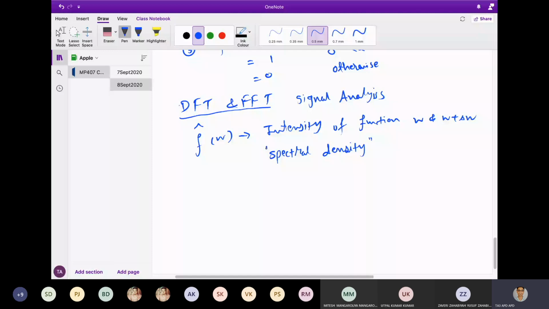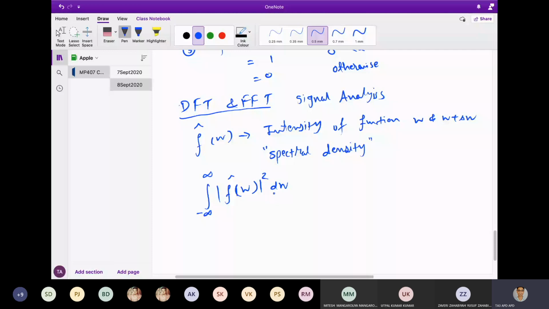And we know, even from quantum mechanics, that if you take the integral with the complex conjugate, the f hat modulus squared over the element dw, then this should give you the probability.